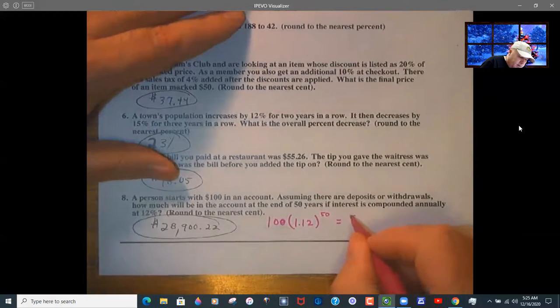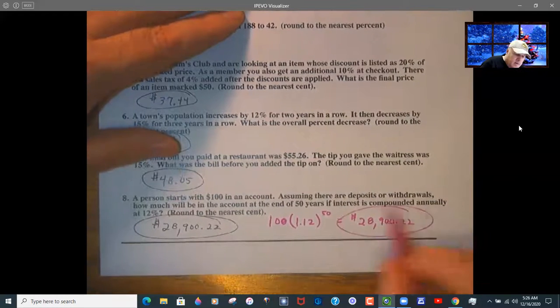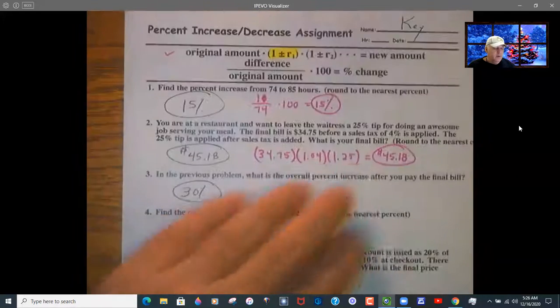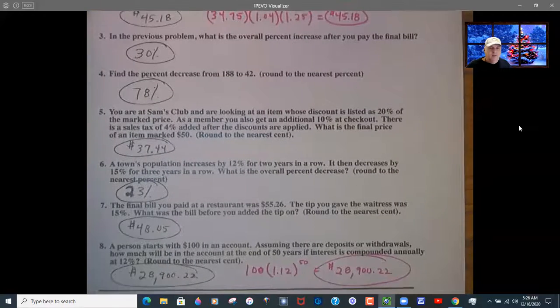So percent increase and decrease with the same multiplier is exponential growth and decay. Percent increase and decrease with different multipliers is just that. So that's where I wanted to relate that with that.